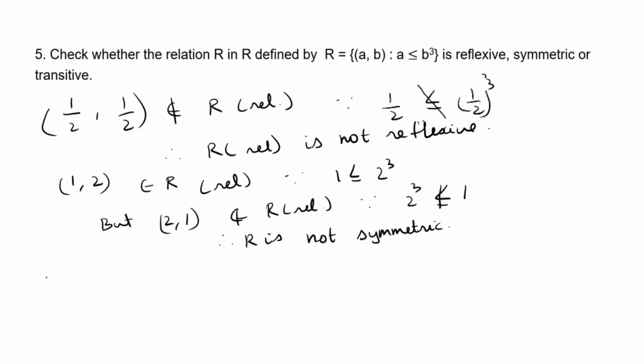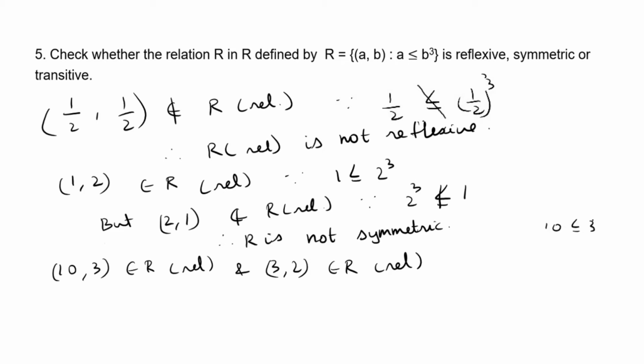Now we have to see whether R is transitive or not. Let us take the ordered pair (10, 3). It belongs to R, and (3, 2) also belongs to R, because 10 is less than or equal to 27 which is 3 cube, and 3 is less than or equal to 8, which is 2 cube.